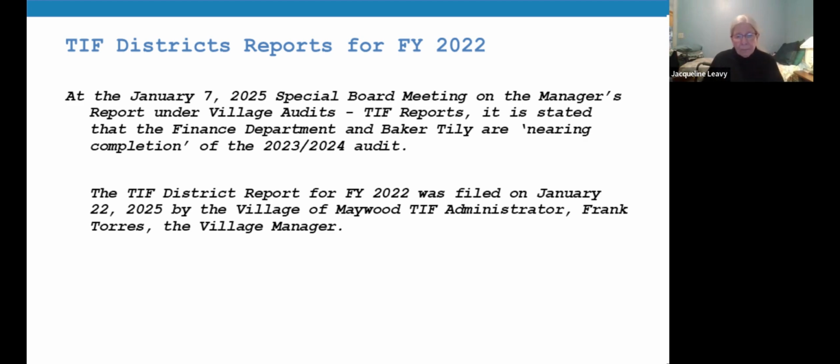Yeah, and it's kind of unfortunate, like you stated, if citizens are curious or want to find information concerning what type of activities or expenditures have been going on in the TIFs, it's good information to have if it's filed in a timely manner and available for residents. But if it's not there, you're kind of sitting, waiting, and guessing what's going on in the TIFs.